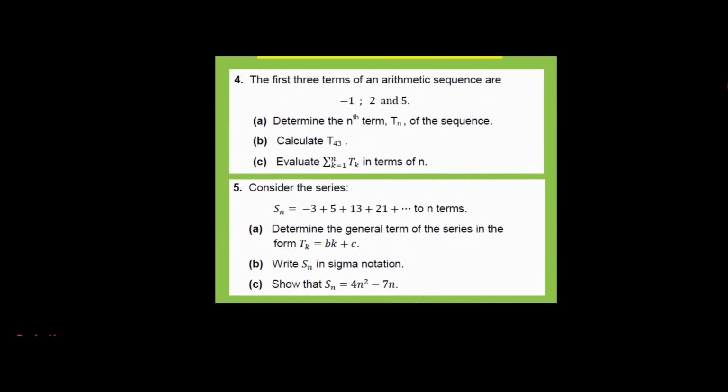In C, we have to calculate the sum written in sigma notation. And it's a sigma, or the sum, of T sub k, where k goes from 1 to n. We know that this is just the sum to n terms.